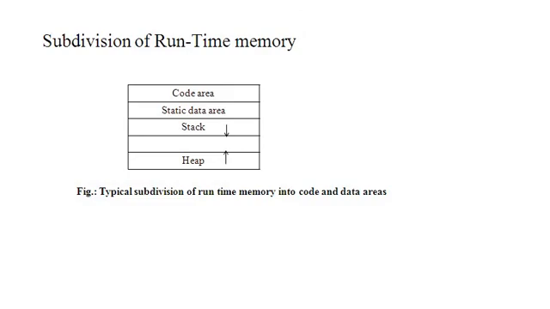The amount of memory required by the data objects is known at compile time, so data objects can also be placed in a statically determined area of memory. It uses stack and heap. I show this memory in this figure.